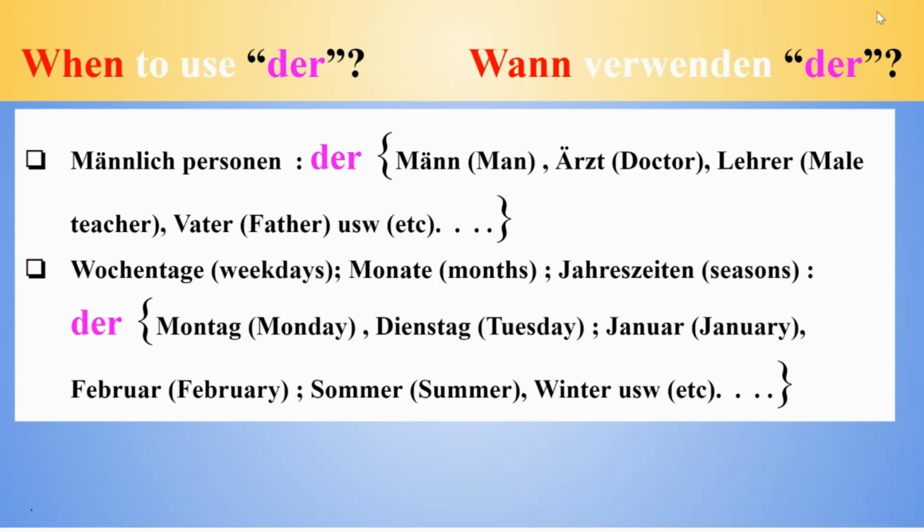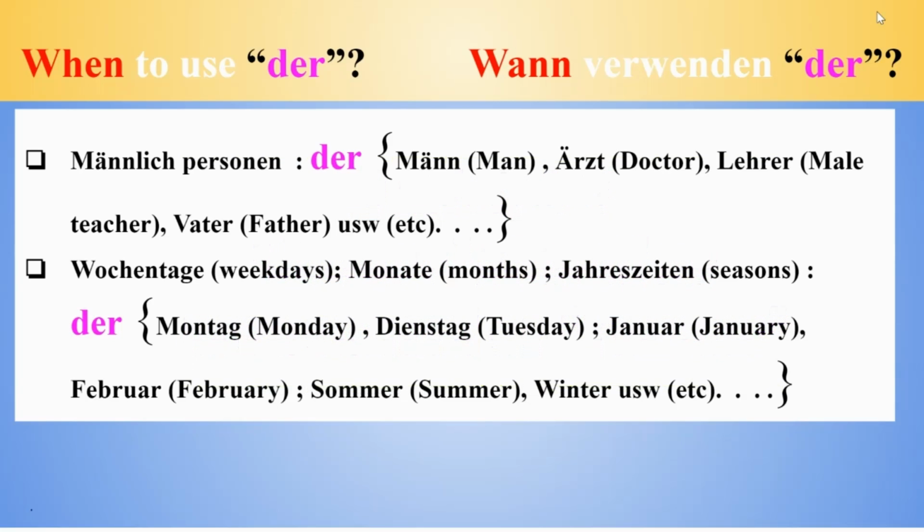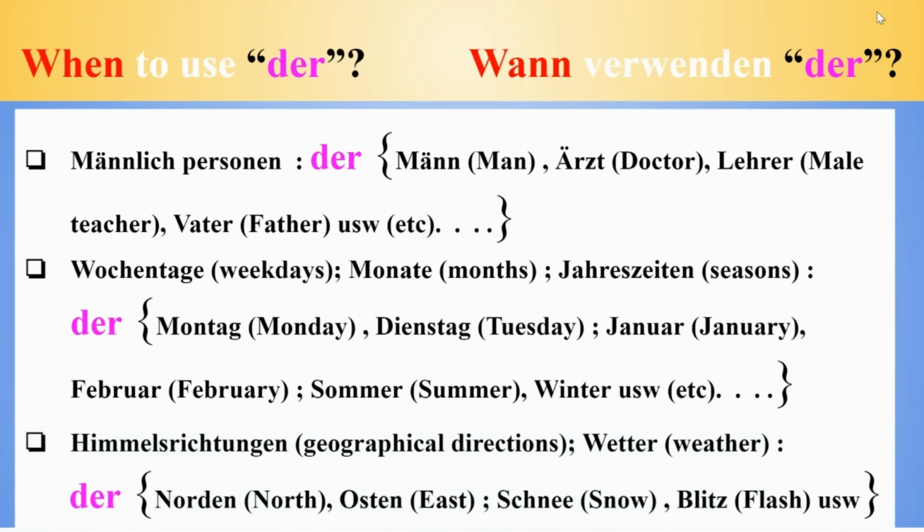Der Montag, der Dienstag, der Januar, der Februar, der Sommer, der Winter und so weiter. Himmelsrichtungen und Wetter. Der Norden, der Osten, der Schnee, der Blitz und so weiter.